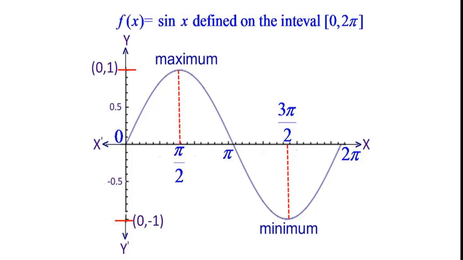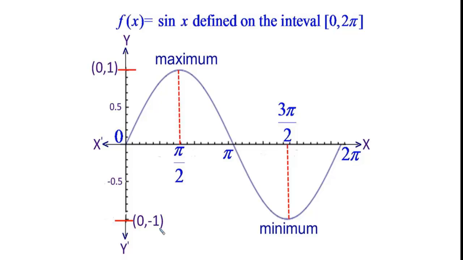We observe that here the function attains both the maximum and minimum values. The maximum value is attained at x equal to pi by 2 and the minimum value is attained at x equal to 3 pi by 2, and the maximum value is 1 and the minimum value is negative 1.